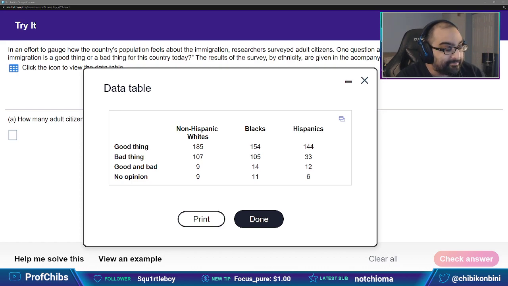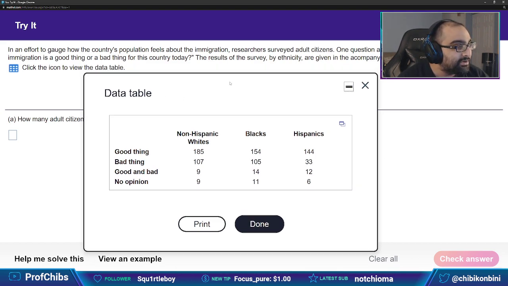All right, so this is our data table. It says, in an effort to gauge how the country's population feels about immigration, researchers surveyed adult citizens. One question asked was, on the whole, do you think that immigration is a good thing or a bad thing for this country today? They have a survey by ethnicity, and this accompanying table, and we have to complete some parts.